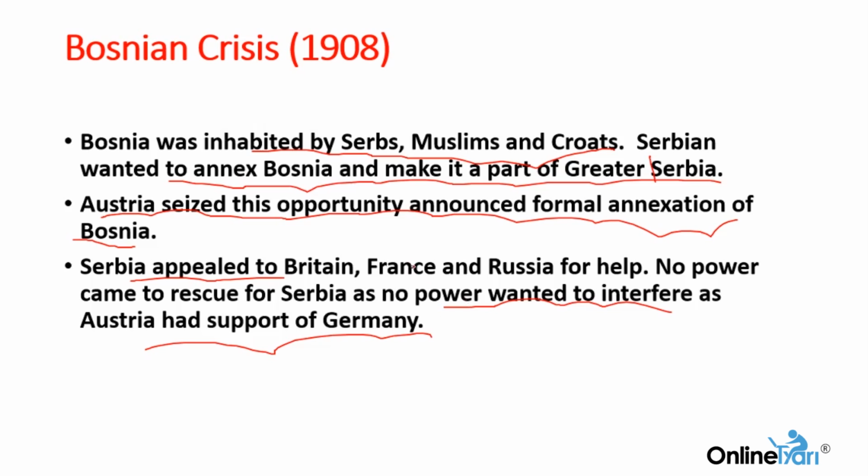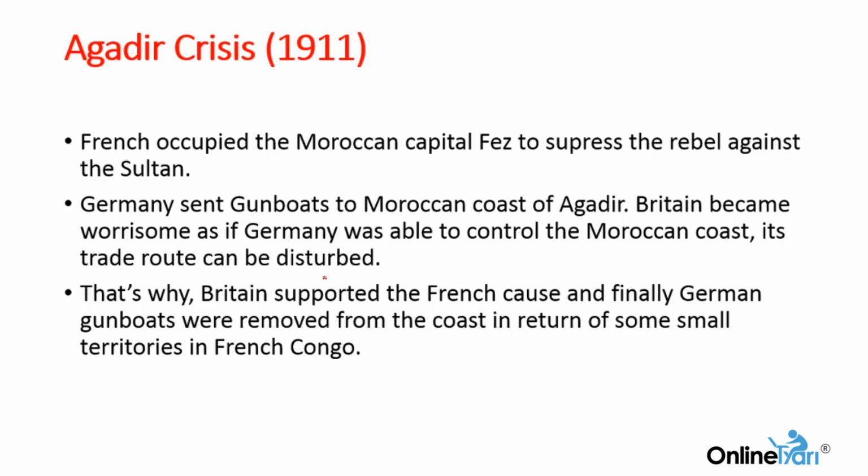At that time, Britain and France thought they should not interfere, because they did not want to check the German expansion plan, and because Austria had a pact with Germany, no country dared to help Serbia. Next, the Agadir Crisis.